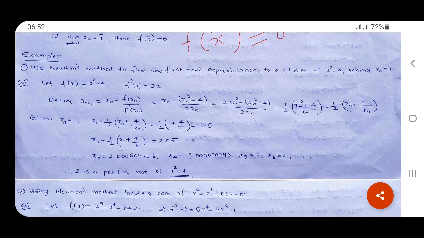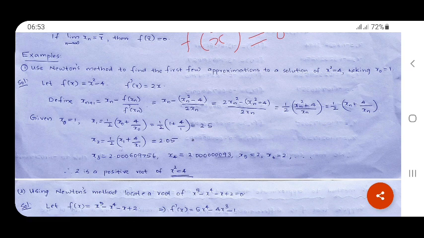Therefore, f of xn is equal to xn square minus 4, and f dash of xn is 2xn. Therefore, xn plus 1 is xn minus xn square minus 4 by 2xn. By simplifying, it is 1 by 2 into xn plus 4 by xn.